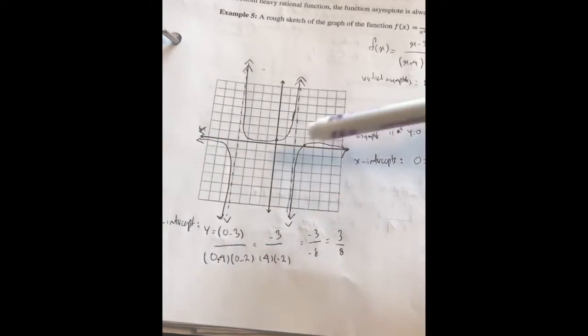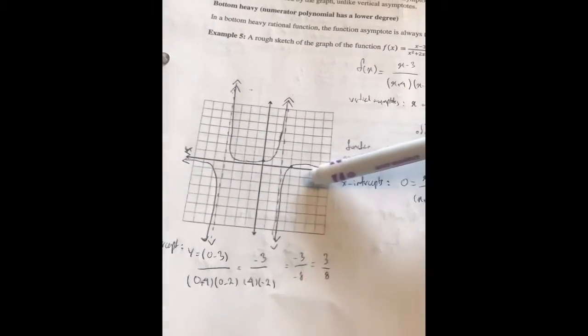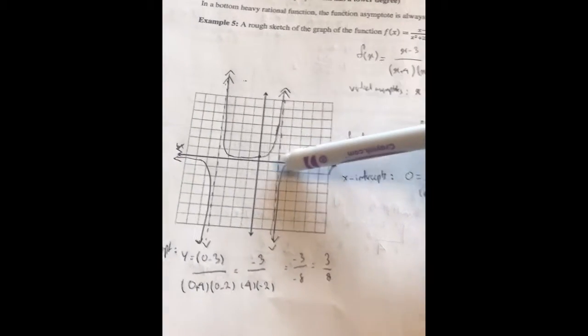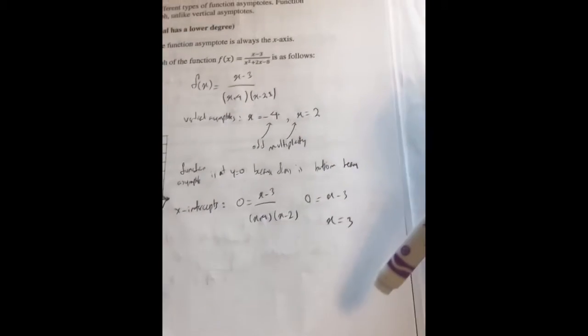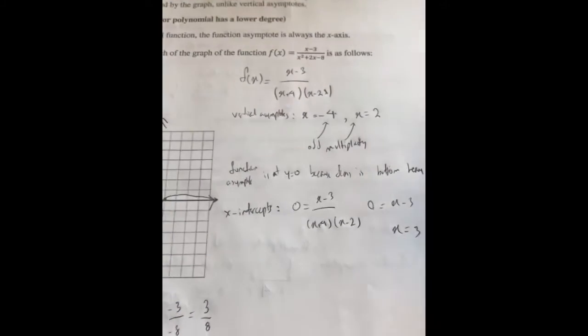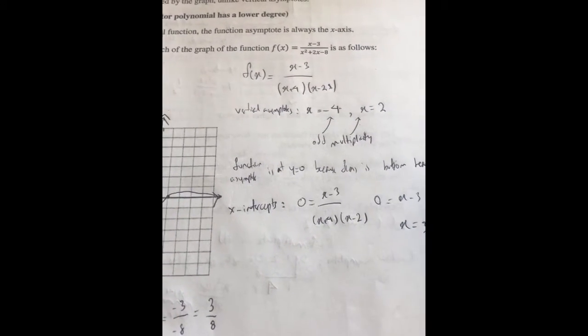Now, in order for us to know the x-intercepts, of which we have only one right here, we would have to go back to our function and set it to 0, because at y equals 0, we will have an x-intercept.